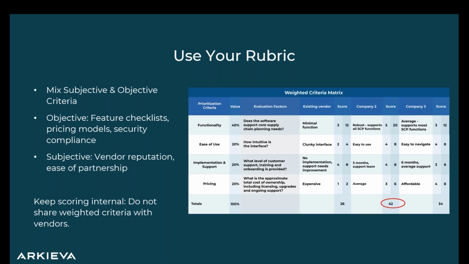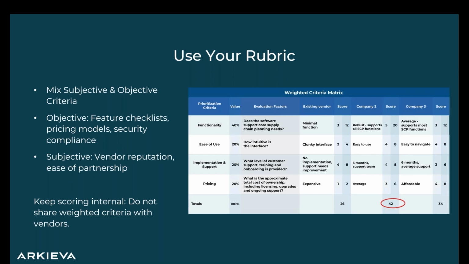So you may have to mix both subjective as well as objective criteria here. Objective could include things like feature checklists, pricing models, security compliance. Subjective could be vendor reputation, ease of partnership, look and feel, listening skills, likability of the vendor, the presenters from the vendor, to be more precise. So all of that should be included.